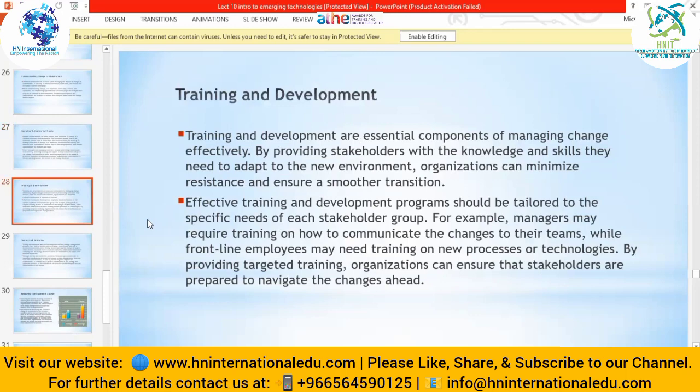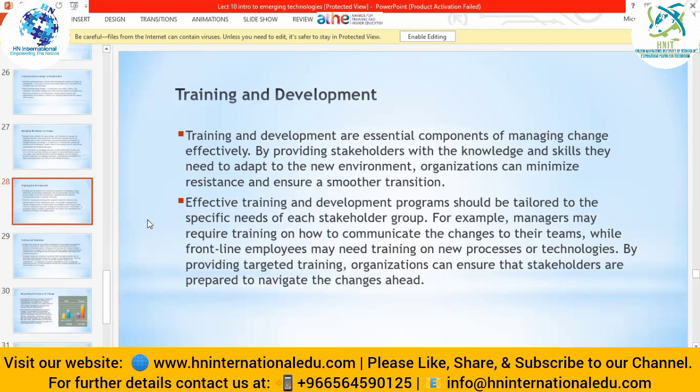And then there is training and development. If there is any change, then training is the main process. First you have to train that person or your environment so they can adapt to that change. Training and development are essential components of managing change effectively. By providing stakeholders with the knowledge and skills they need to adapt to the new environment, organizations can minimize resistance and ensure a smoother transition. It's not like if there is software and it has many parts, you want your employees or stakeholders to immediately adapt to all of them.